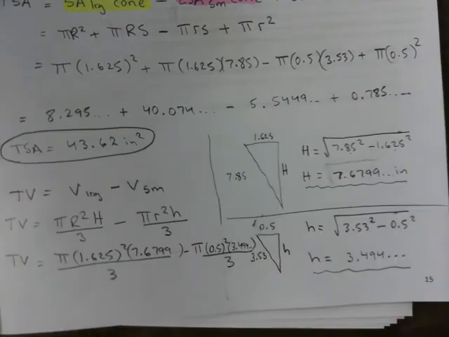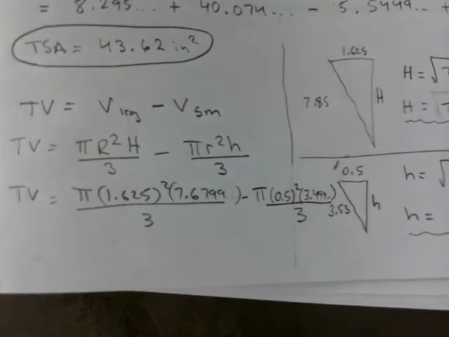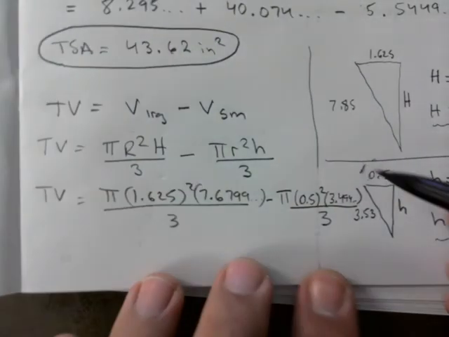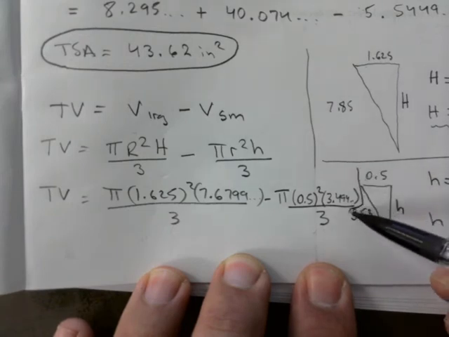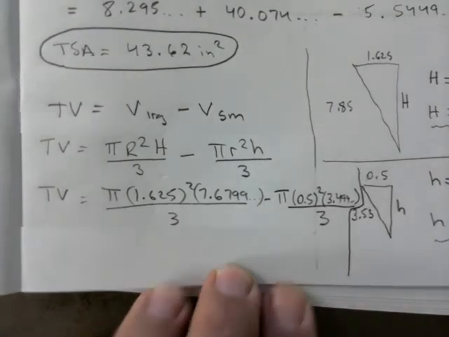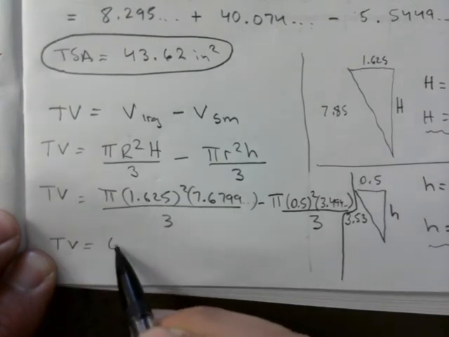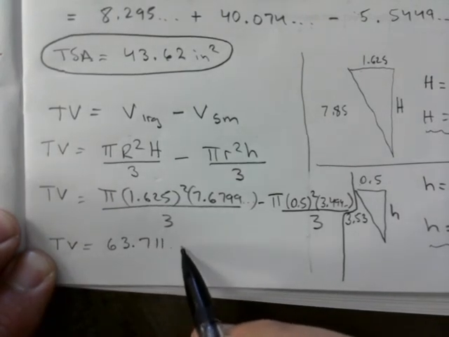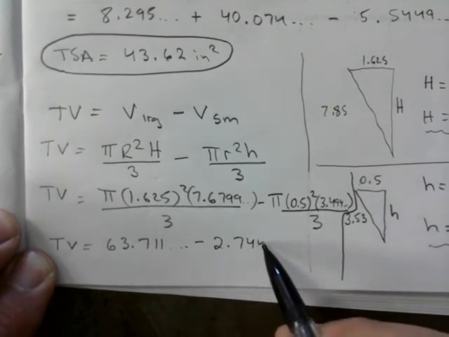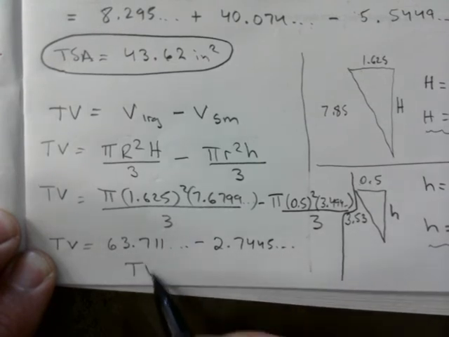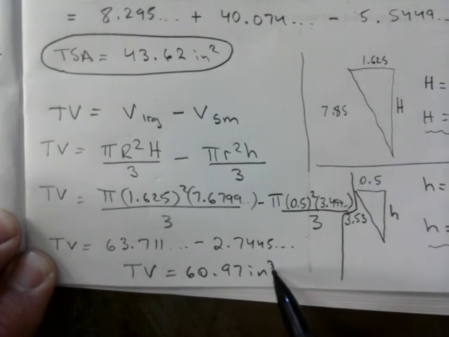Let me zoom into that. Sorry. This is a bit crazy here. And I will tell you that it is 63.711 minus 2.7445. So total volume is 60.97 cubic inches.